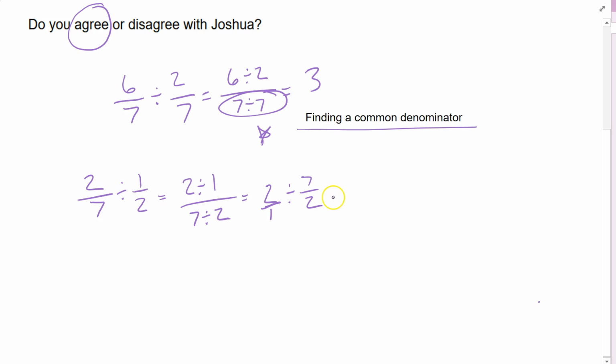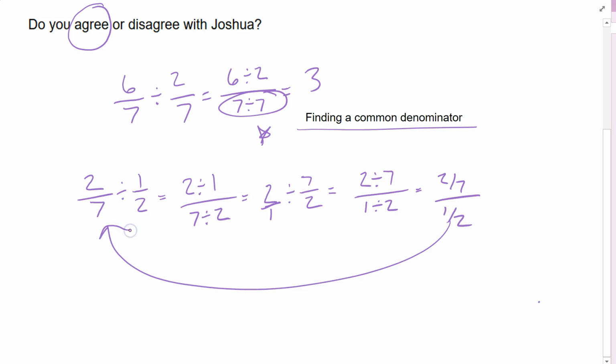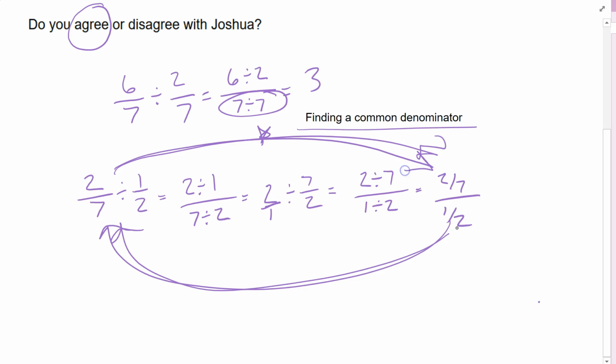Well, I don't know what that is, so I could keep going with Josh's method and say, well, that's going to be 2 divided by 7/1 divided by 2, right? So that's 2/7 divided by 1/2, which actually gives me this, right? I would have 2/1 divided by 7/2. So with Josh's method, I could be doing this all day, never get a nice fraction for my answer.